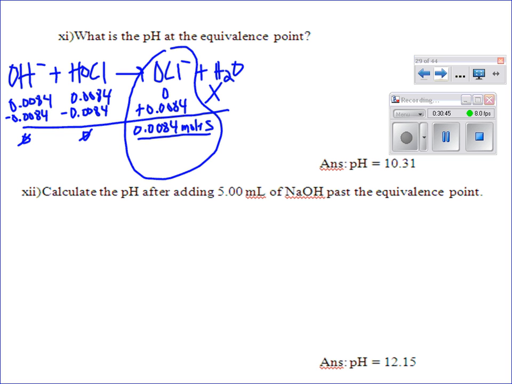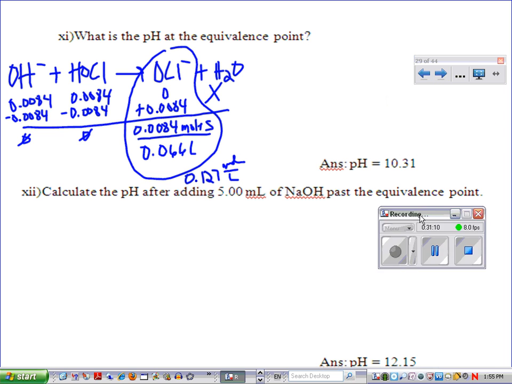And we said it was 42 mils. And the beaker had 24 in it. So that's 66. So 0.066 liters. So that comes out to an A minus concentration of 0.127 moles per liter. So now what do we do?